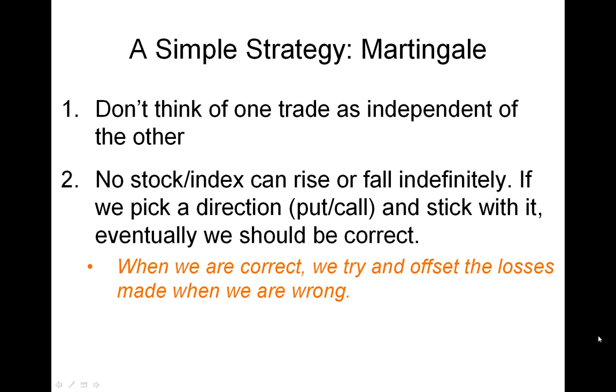And therefore, the profit that we make when we're correct, we can use to offset the losses that we've made when we're incorrect. And overall, we can make a profit. And this is discussed in detail in part 2 of our video series. And again, for the record, this is also known as the martingale strategy, or one of its variations.